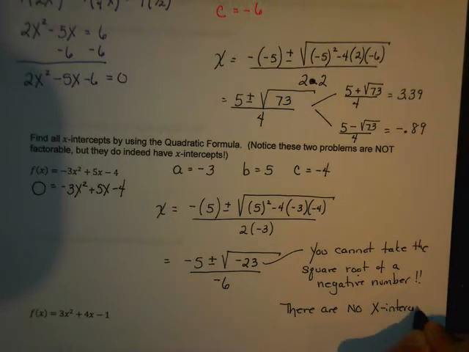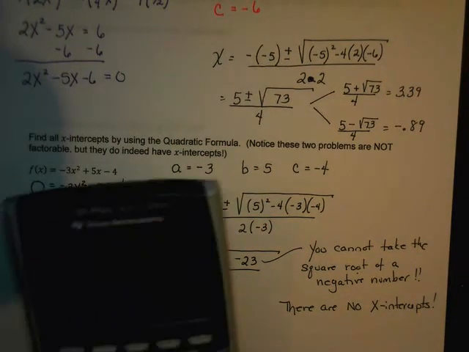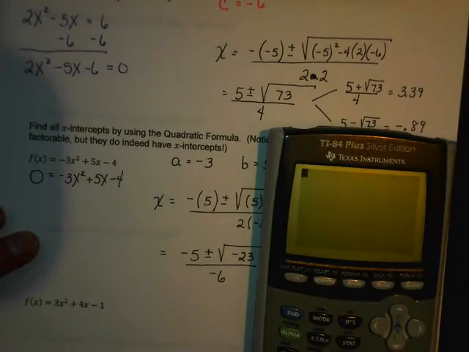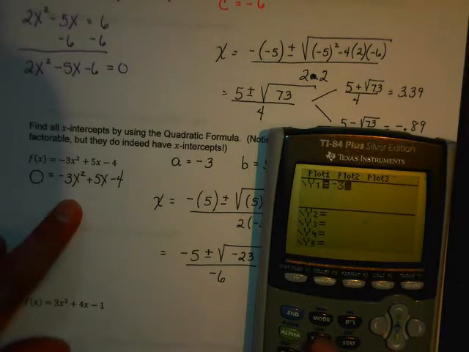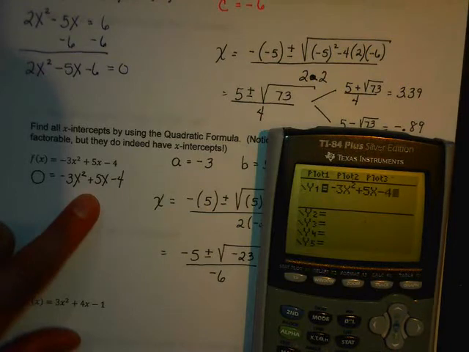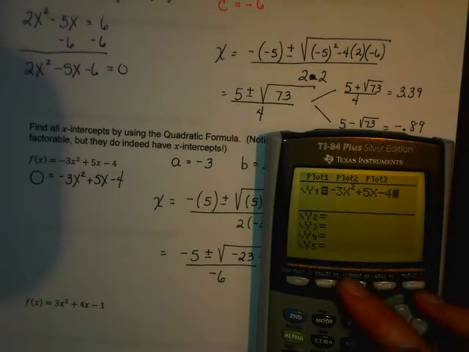Okay, so let me show you what the graph of this looks like. So you'll be doing this kind of stuff in 1215 next semester. Ready? So I'm going to put in negative 3x squared. This is what's called a graphing calculator. They're really cool. And you can look at the graphs of these without having to go through using graph paper.